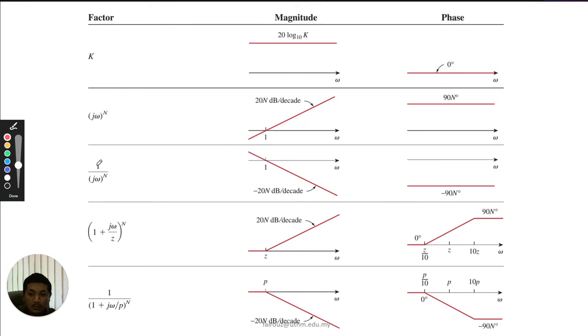So for the pole, which is 1 over s, it is the inverse, still crossing at 1, but the slope is now negative 20 dB per decade. So 20 dB per decade, but it is now a negative slope, going down. This is positive slope, this is negative slope.